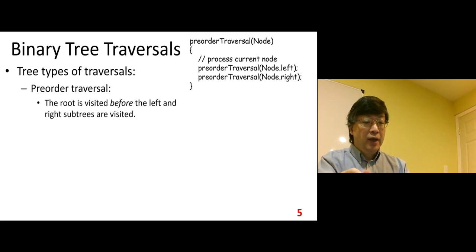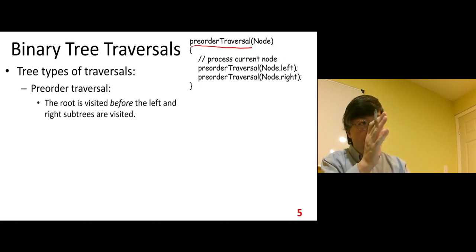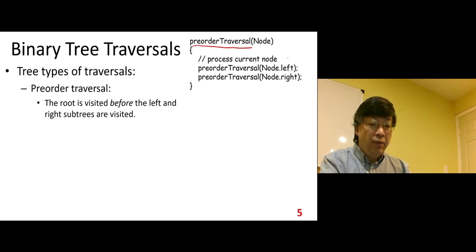So the code looks like this, the pre-order traversal function. When you visit the current node, because we assume we start from the root, we treat the current node as the root node. So we process the root node first, then the left subtree, then the right subtree.